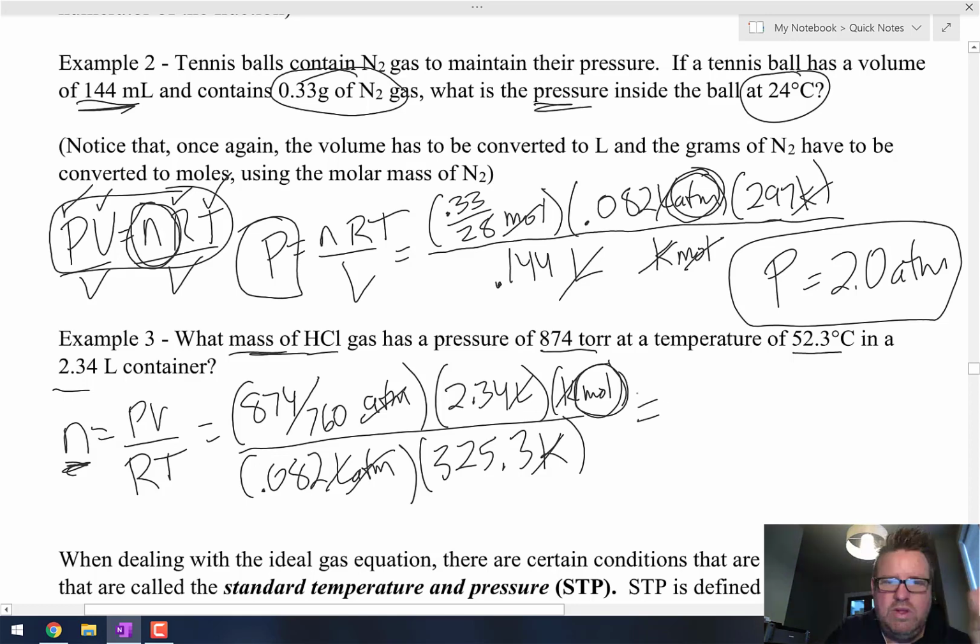Okay, so now I go to my calculator. 874 divided by 760. I'm not even going to write down the answer because I don't care what it is. Times 2.34 divided by 0.082 divided by 325.3. Gives me a number of moles of n is equal to 0.10. I'm going to round that to 0.101 moles of HCl.